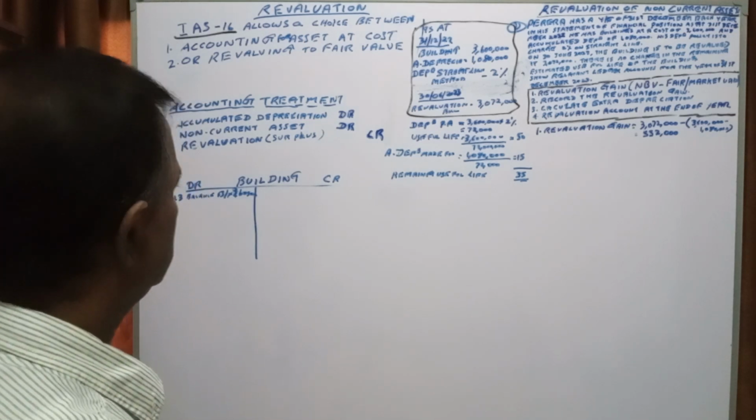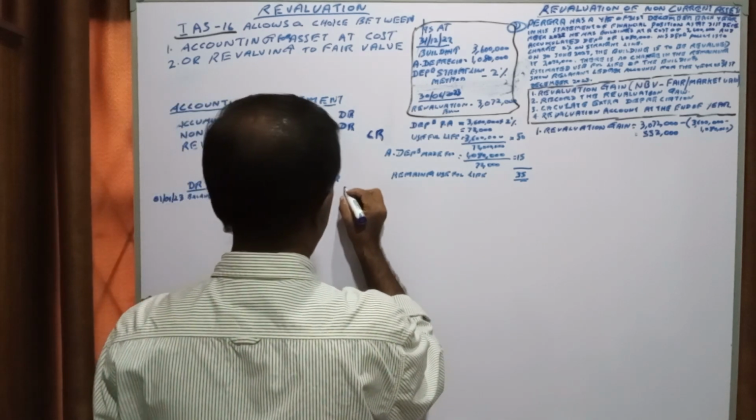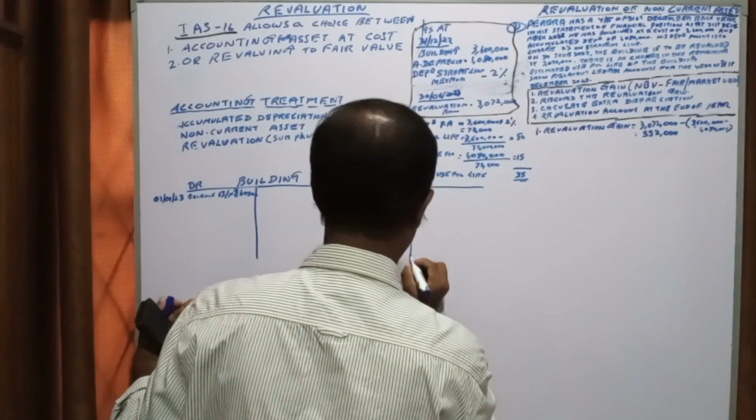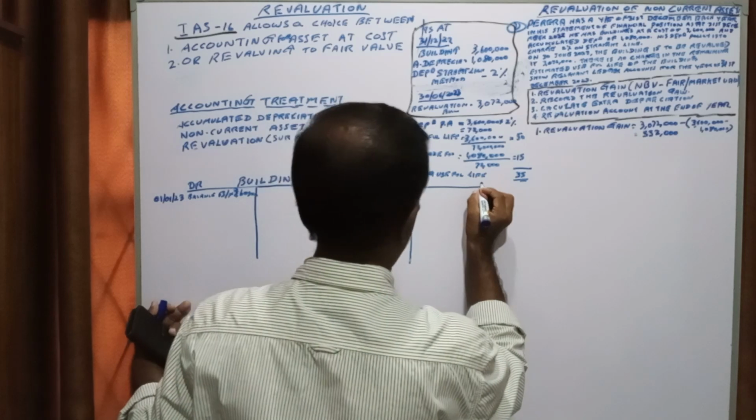Okay. Accumulated depreciation account, debit, credit.